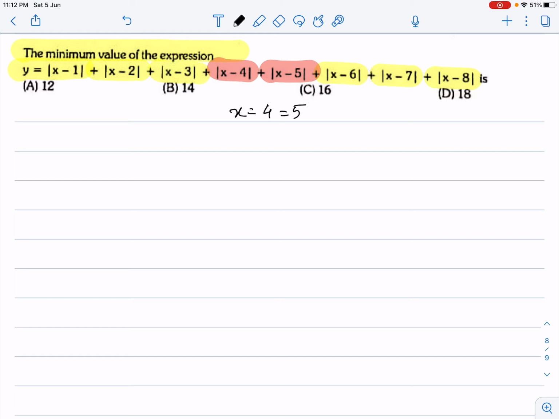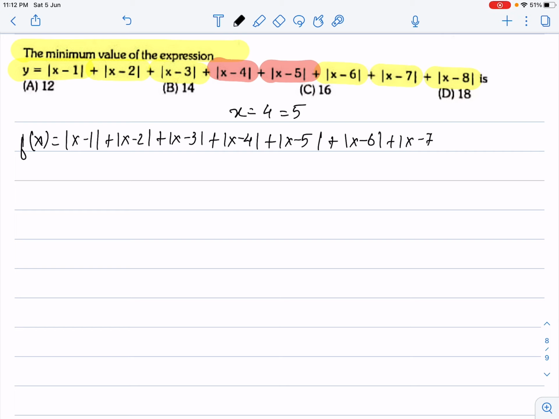So let us suppose somebody asked you the value of f. Y is equal to f of x. So f of x I'll be writing as mod of x minus 1 plus mod of x minus 2 plus mod of x minus 3 plus mod of x minus 4 plus mod of x minus 5 plus mod of x minus 6 plus mod of x minus 7 plus mod of x minus 8.